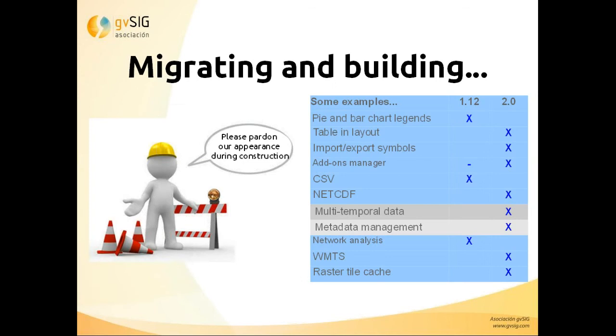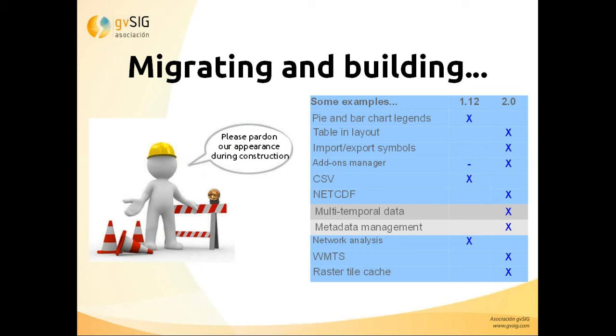We can see here that there are some functionalities in gvSIG 1.12, like the chart legends and other ones that aren't in gvSIG 2 at this moment. And there are new functionalities in gvSIG 2 that weren't in gvSIG 1.